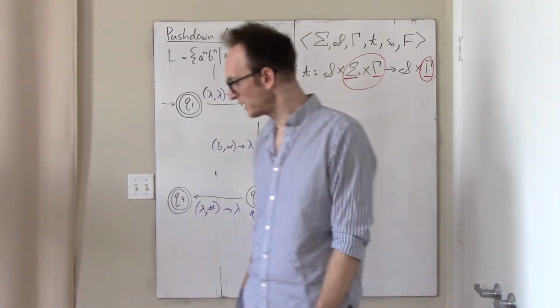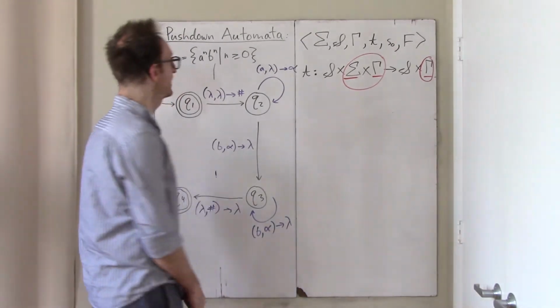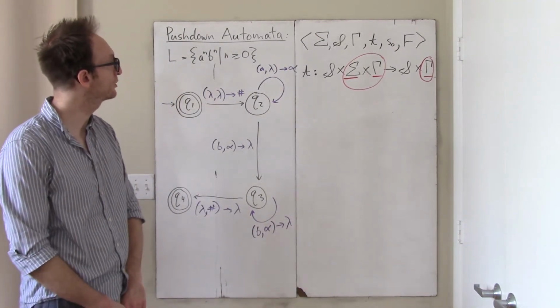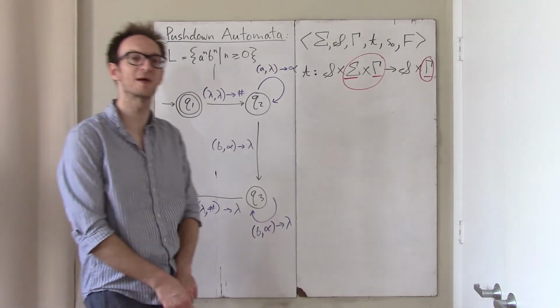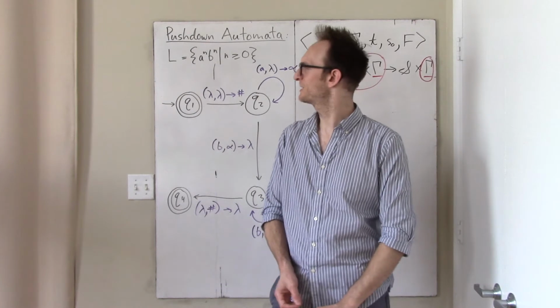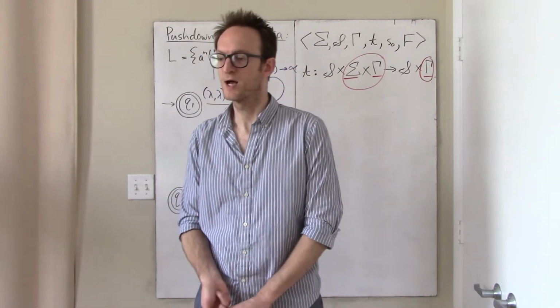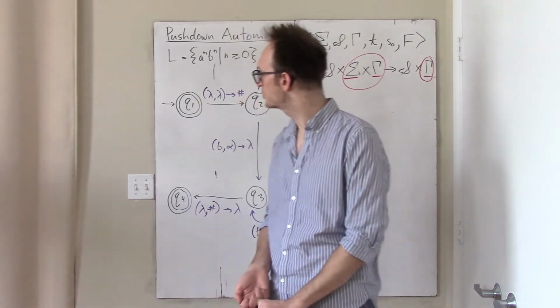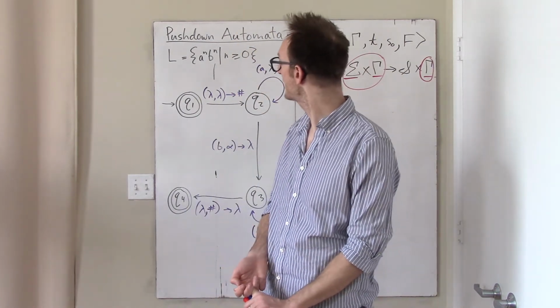The deep thing you have to appreciate is that this pushdown automaton is fundamentally non-deterministic. I don't really know what that means, so maybe I should step back from that. But non-determinism is built directly into the definition of a pushdown automaton.